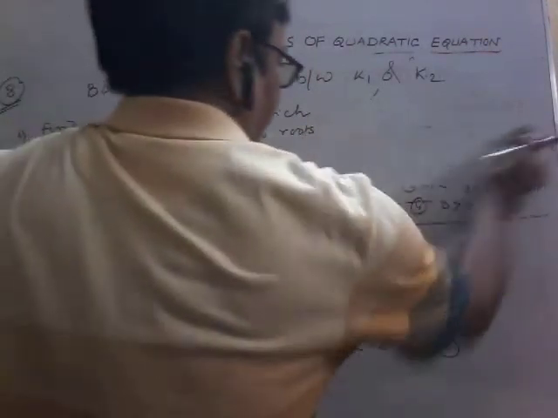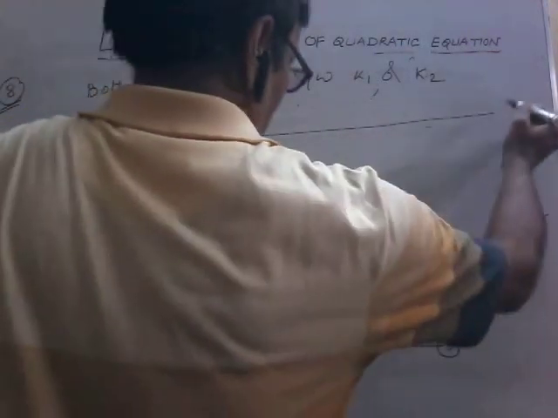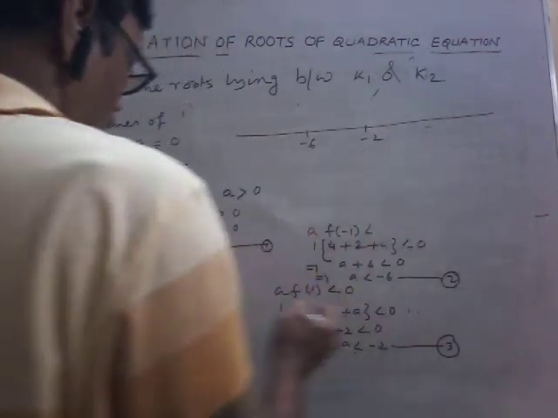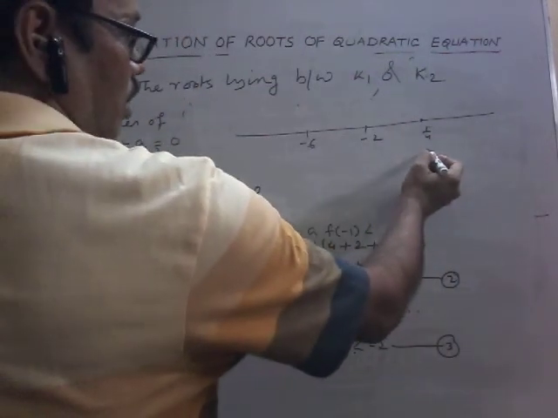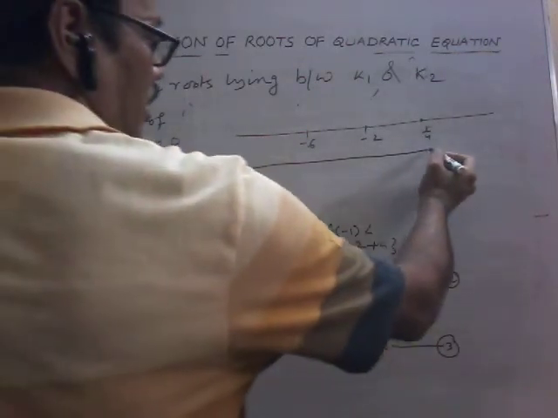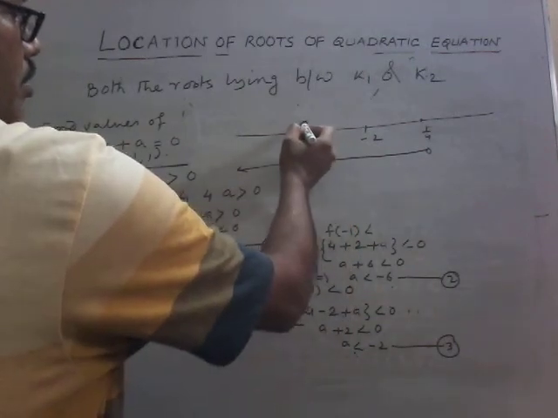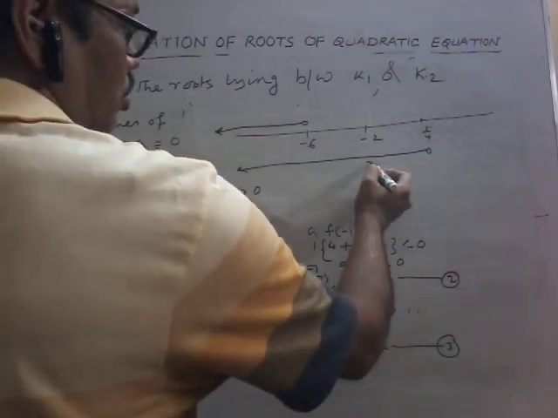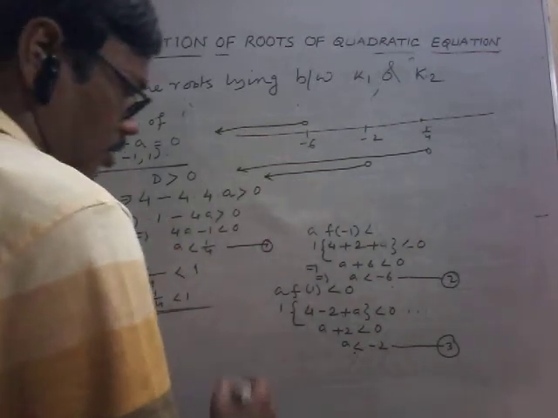So look, minus 6, then minus 2, and 1, 1 by 4. So a less than 1 by 4, a less than minus 6, a less than minus 2. And this is always true.